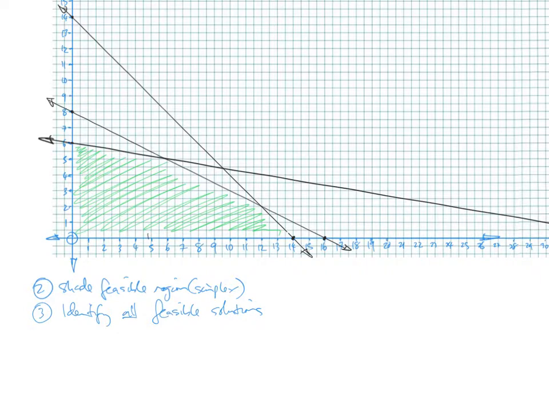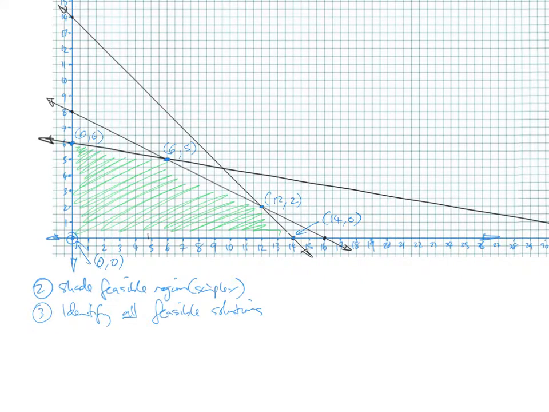The optimal value is only going to occur at a vertex, so we only need to find the coordinates of each of the vertices of this simplex and test those for optimal values. So this one is (0, 6), this vertex is (6, 5), this vertex is (12, 2), this vertex down here is (14, 0), and this one is (0, 0).